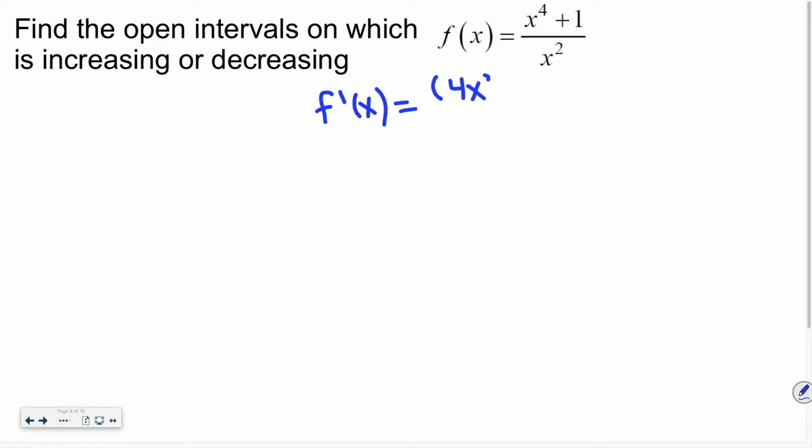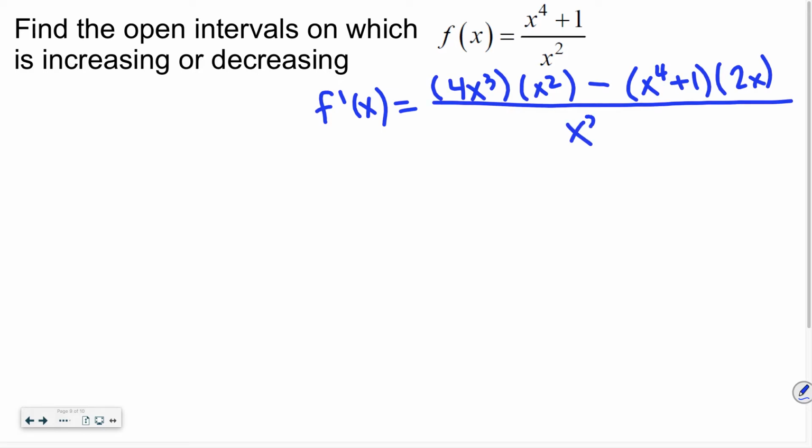So 4x cubed times x squared minus x to the fourth plus 1 times 2x, all over x squared squared. Okay, now that's all fine and dandy. You could do that for last week's test, but now if we're going to figure out where this is 0 and undefined, you got to simplify it all the way down.